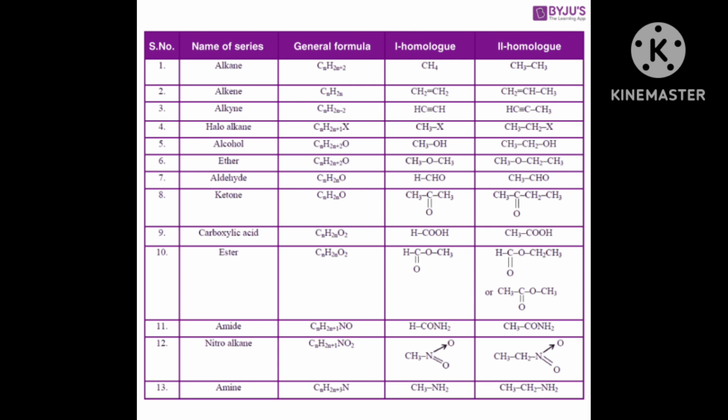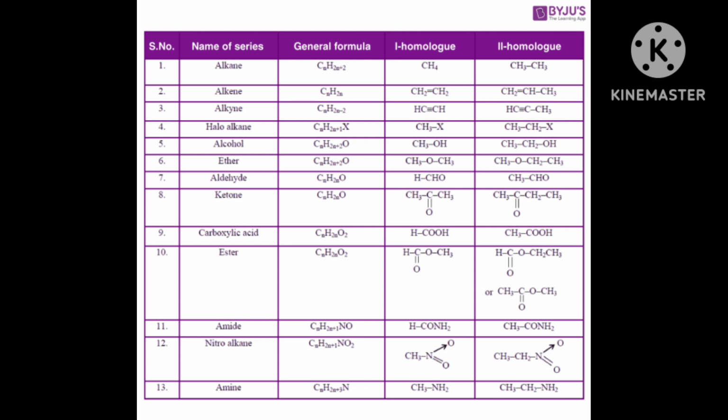Like that, if aldehyde group is attached to a methyl group, it will be acetaldehyde. Formaldehyde, propanaldehyde, butanaldehyde: where aldehyde is attached, they make aldehydes. All aldehydes will be one family, just like a caste.